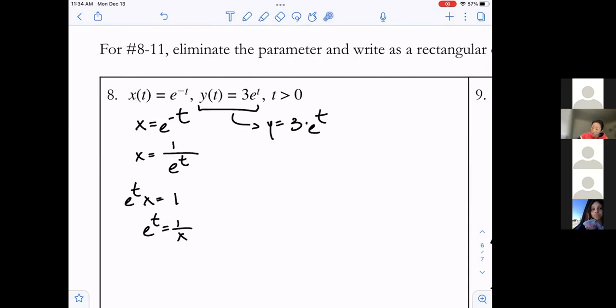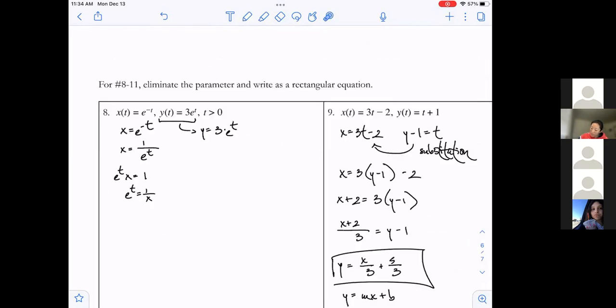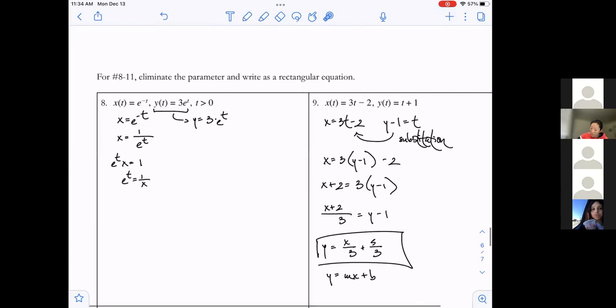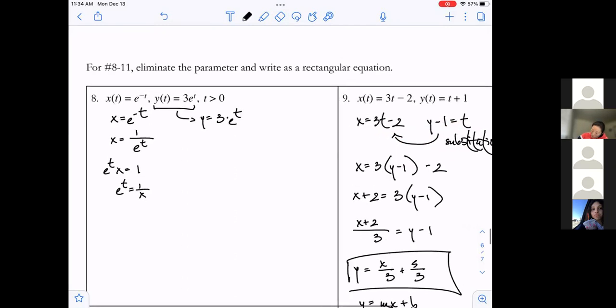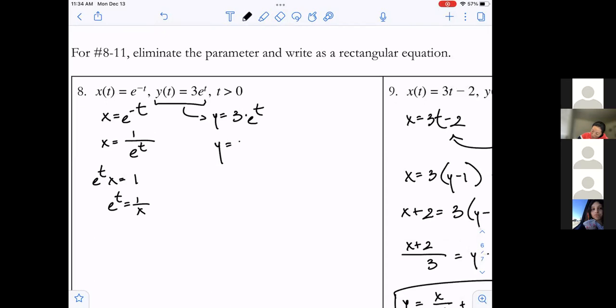And so let's steal this idea from number 9, where we just substitute what we know. We solve for one of the t's, that's enough. Let's just plug it into the other equation, okay? And so we'll get y equals 3 times 1 over x. And another way we can write that is y equals 3 over x, okay?